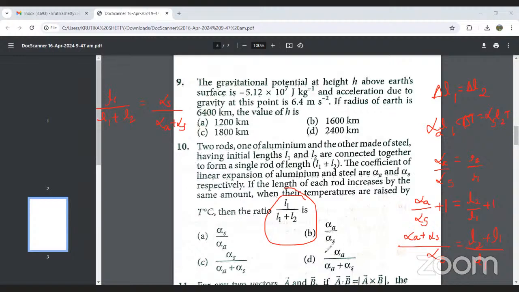So if I take the reciprocal, what answer are we getting? Yes, it is option C. Correct.